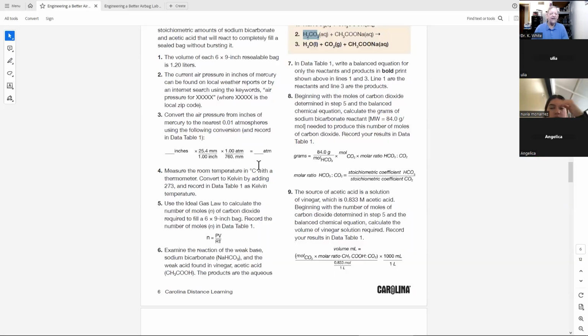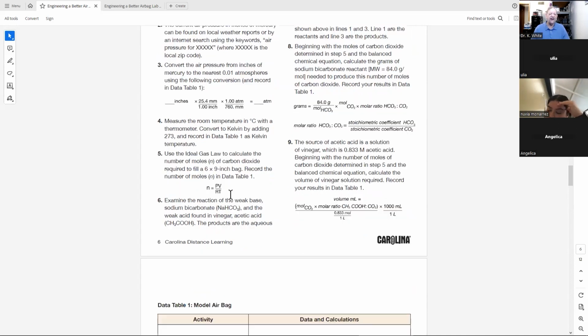All right, now here they show you how, and I'll show you in a little. Now, you have a thermometer, it's in degrees C, and you convert to Kelvin by adding degrees C plus 273. Now, the ideal gas law, PV equal nRT, if you solve for N is the number of moles, and that will be the number of moles of carbon dioxide you'll need.